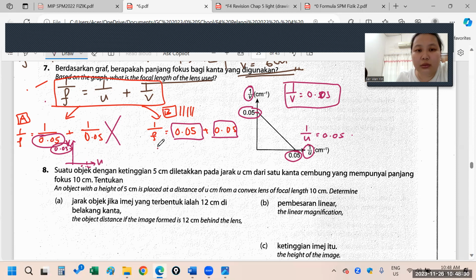Alright, so now we will get 0.1. So 1/F equals 0.1, press the calculator, 1 divided by answer. Your answer is 10 cm.